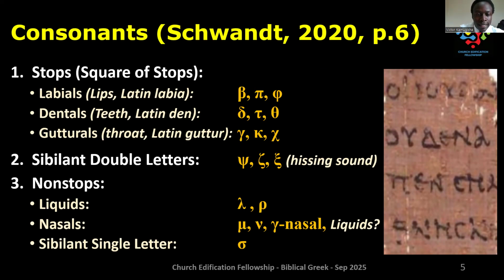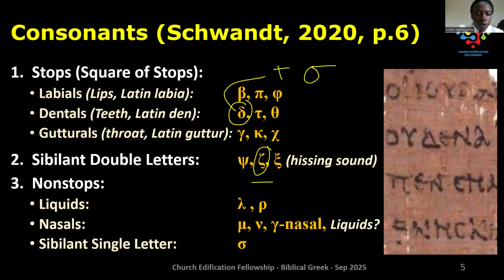When you look at the zeta, you have a delta plus a sigma, and then you get a kind of Z, kind of dizzy, but it is Z. Okay.